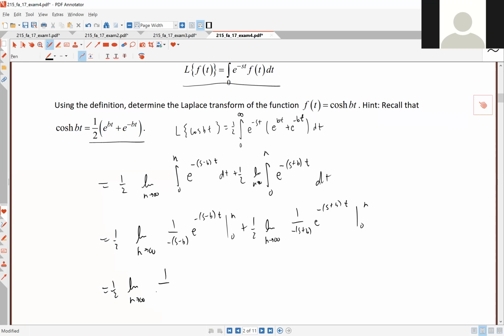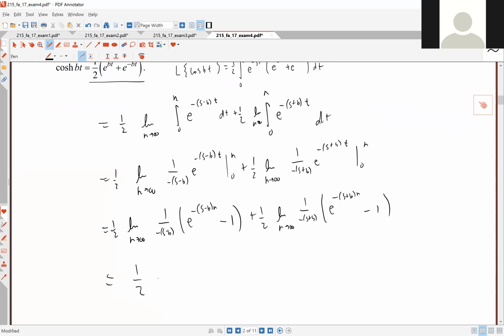This is 1 over negative s minus b times e to the negative s minus b n minus e to the 0, which is 1. Plus 1/2 limit as n approaches infinity of 1 over the opposite of s plus b, e to the negative s plus b n minus 1.